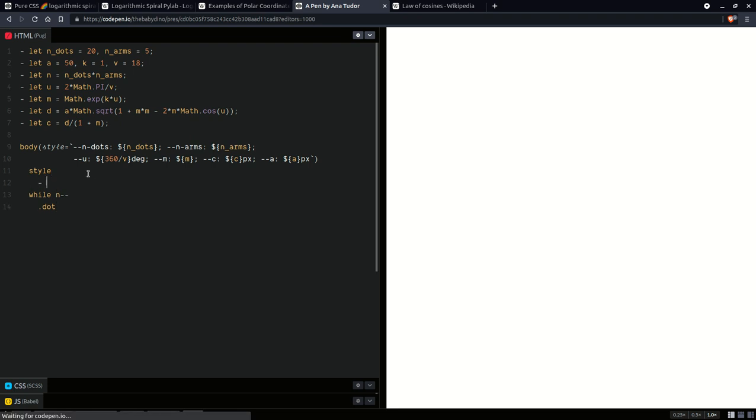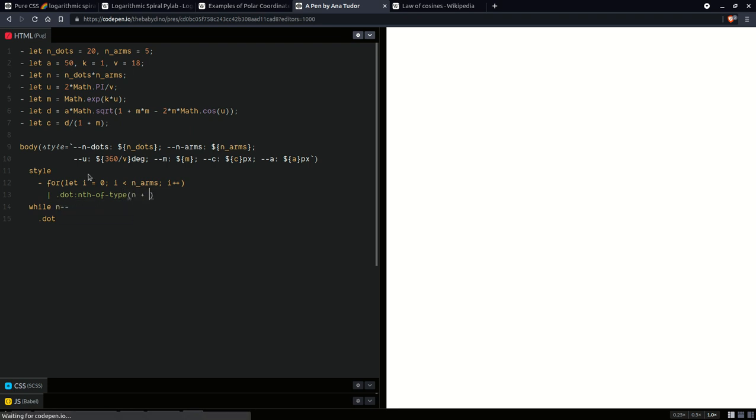Right here we're going to have a loop, so for let i going from 0 all the way up to the number of arms, increment this i, and we are going to have that dot nth-of-type.